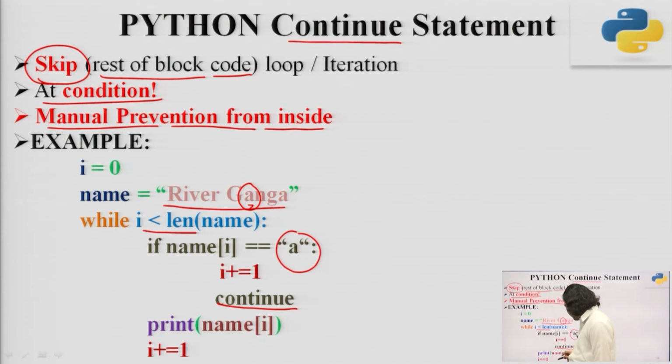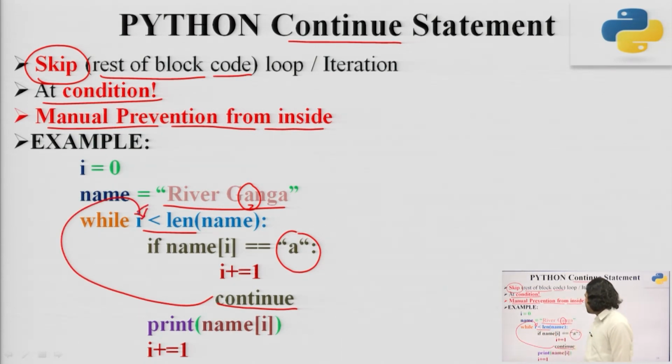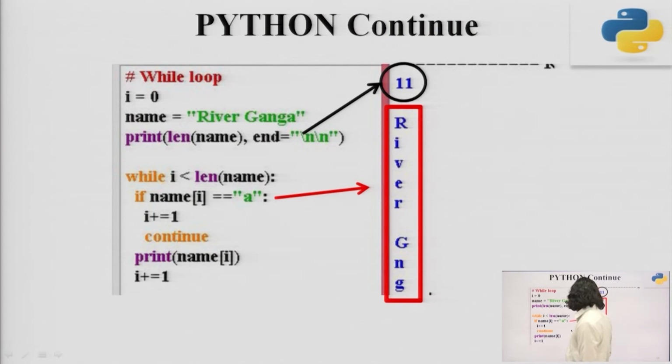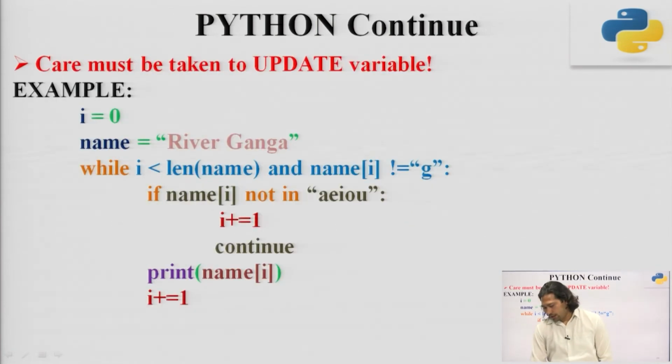Now instead of executing the print name I, it will directly redirect itself to I is less than len name. So here what is happening is that the small a is not available because it is skipped. So this is how the continue statement works.